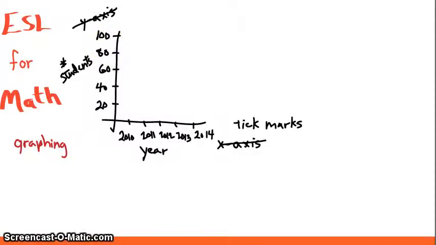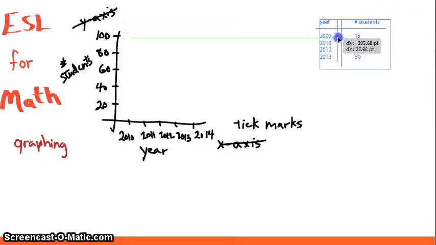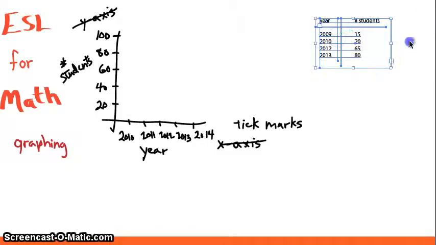Alright, so now that we have our axes and we have labeled them, we put some tick marks and we labeled the tick marks, we're actually going to get some data. So let me pull some data over here. And this is the number of students for different years. And look, here's the year 2009, and I forgot to put a 2009 on here, so I'm going to quick add 2009 is going to be this tick mark.